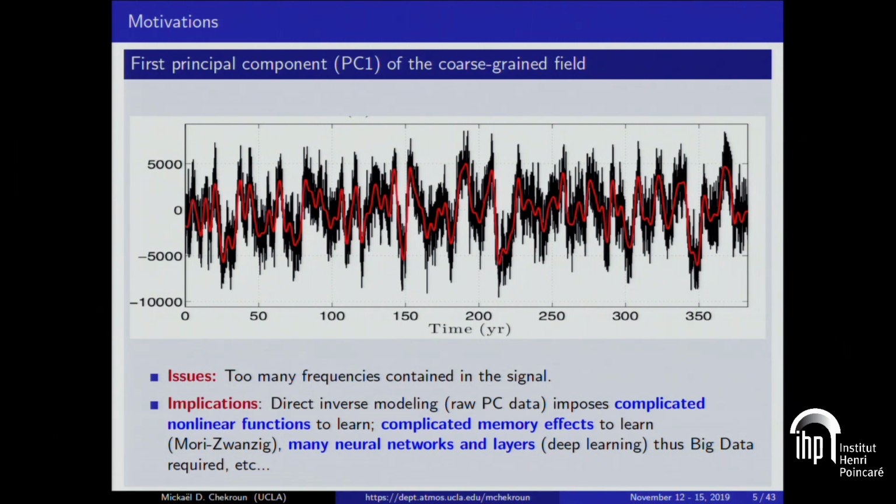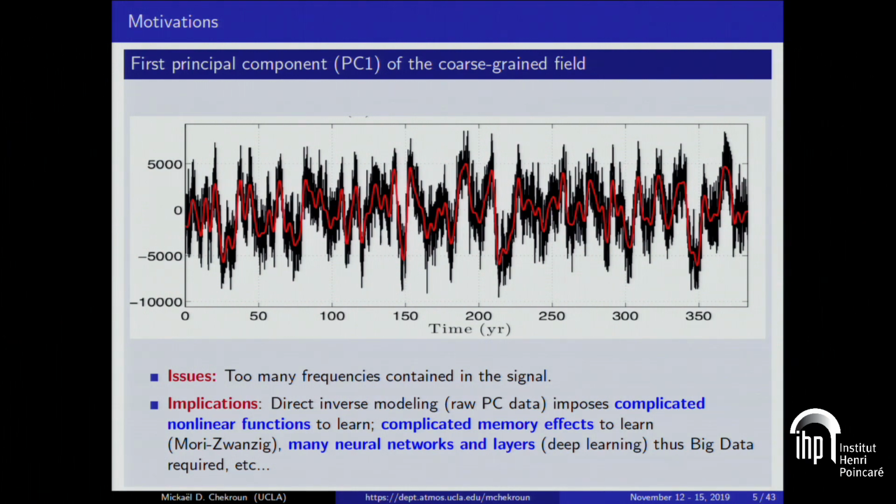My principal component, you see in black here, and on top of it, I have applied some smoother that will be explained later. You see that it captures some low-frequency variability that in this case corresponds actually to the decadal variability that is present in this model. But you see that clearly you have a bunch of high frequencies that are superimposed on it.